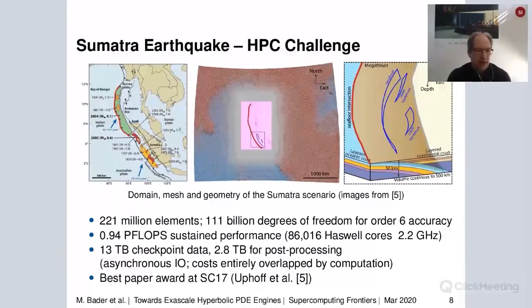The largest showcase run that we did was on the full SuperMUC machine back then. That was 86,000 Haswell cores, and it ran at about 1 petaflop. That was a 3 petaflop peak machine, so it's quite good peak performance at this type of scaling.